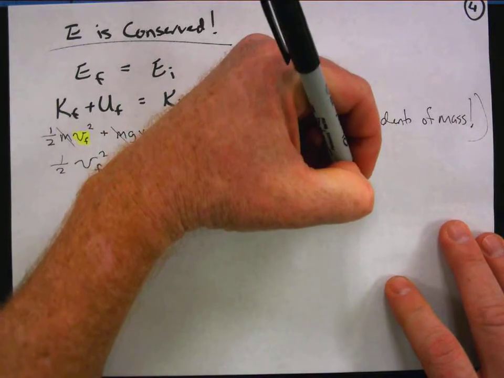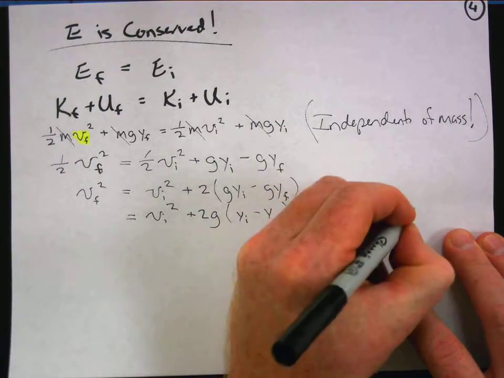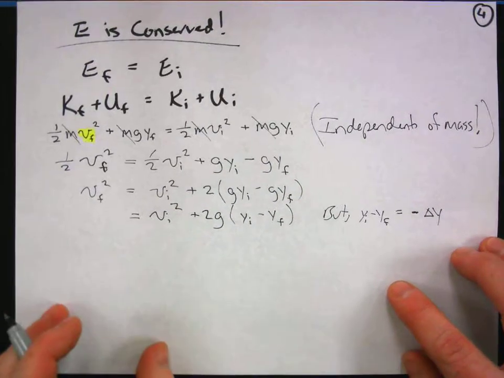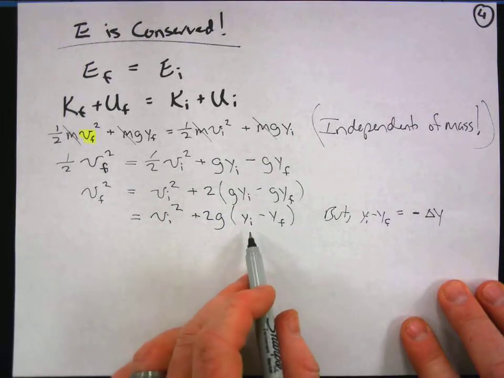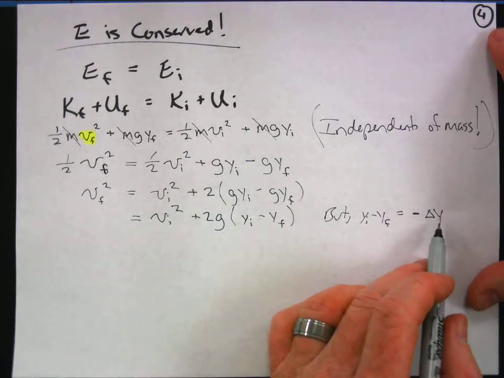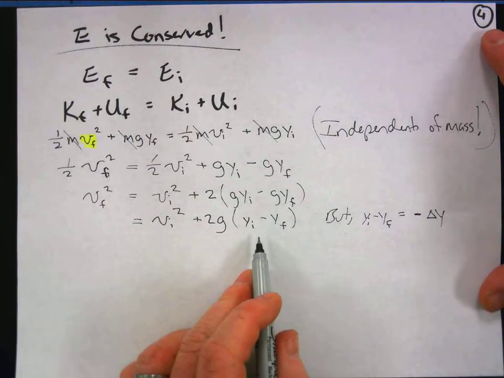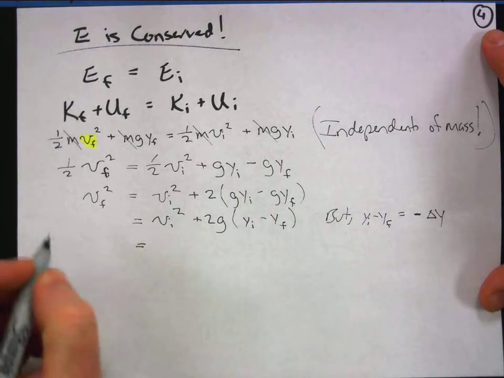But y initial minus y final is equal to the opposite of the change in y position. So that's kind of cool. I'm just going to do a quick substitution, because quite often I'm looking at a change in y, and that's always a final minus initial. Here I've got initial minus final. So I flip it by making sure I understand that this is equal to the opposite of that.